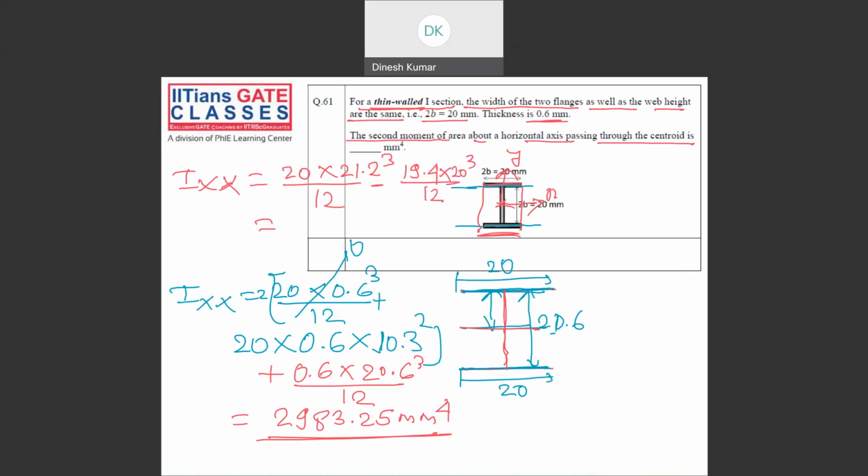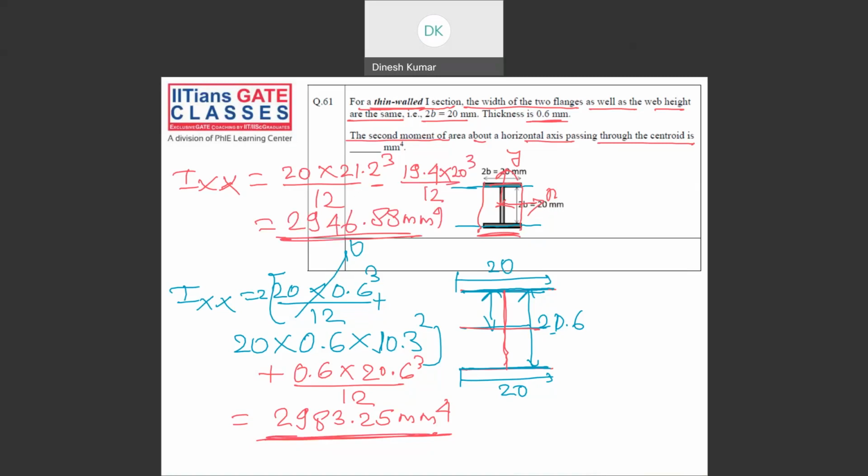If you calculate that way, your answer will be 2946.88 mm to the power 4. So this is the exact calculation, and the other is from the mean line calculation.